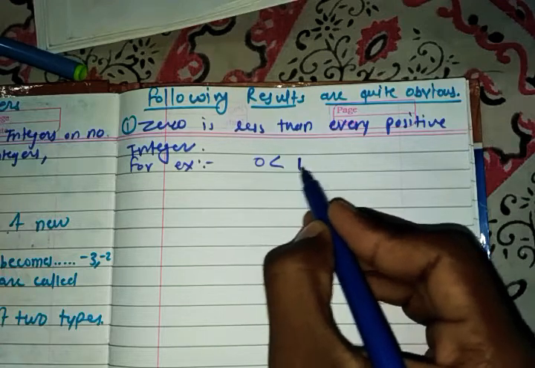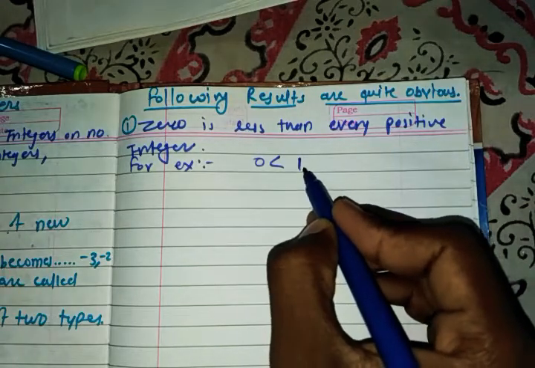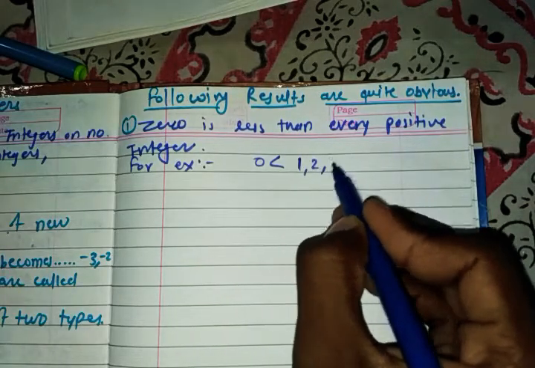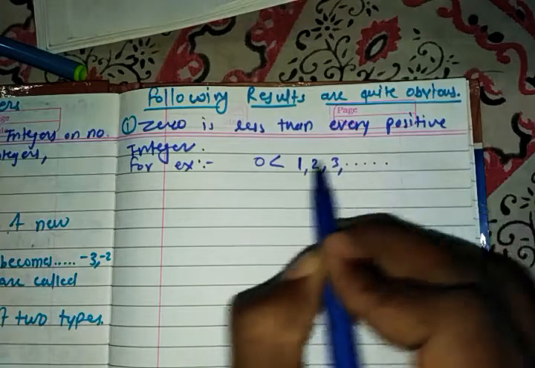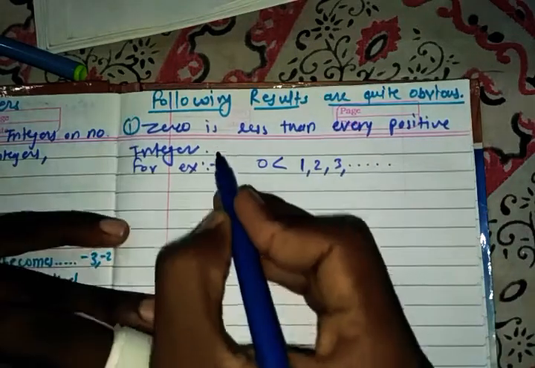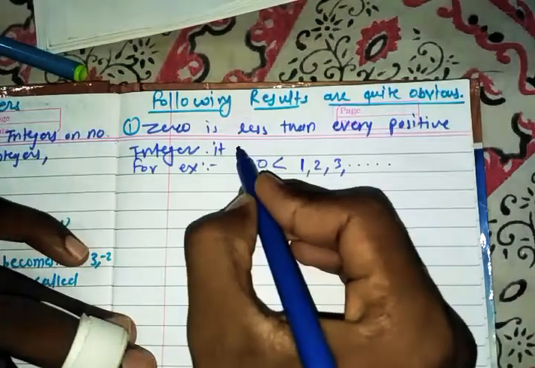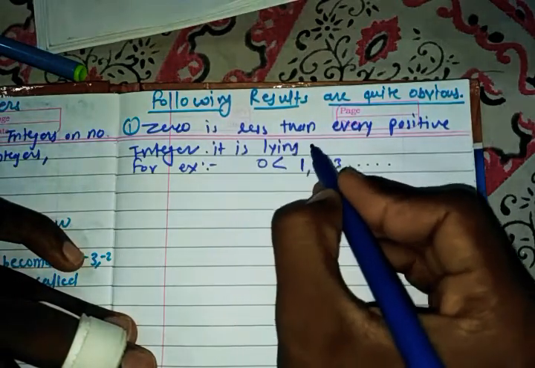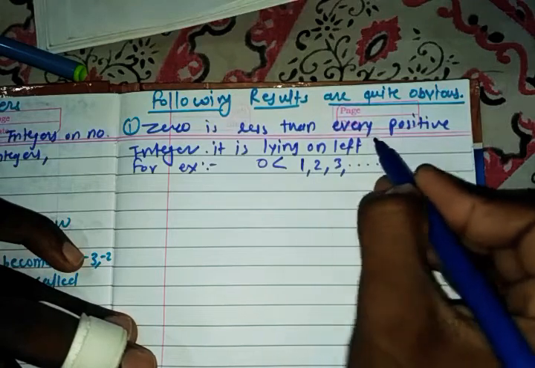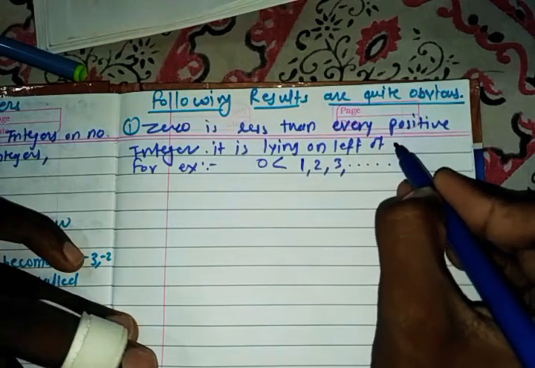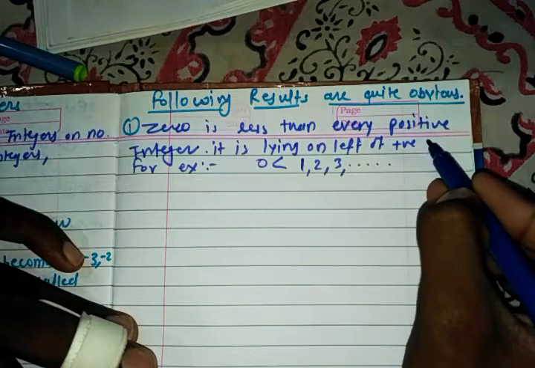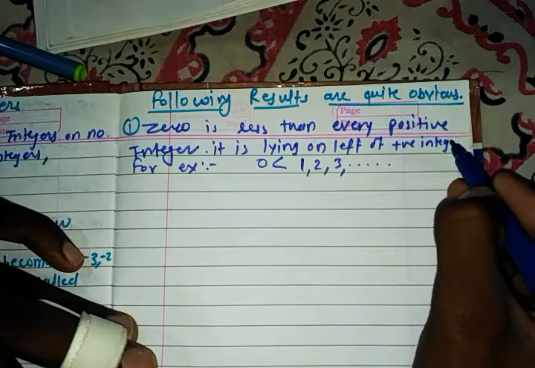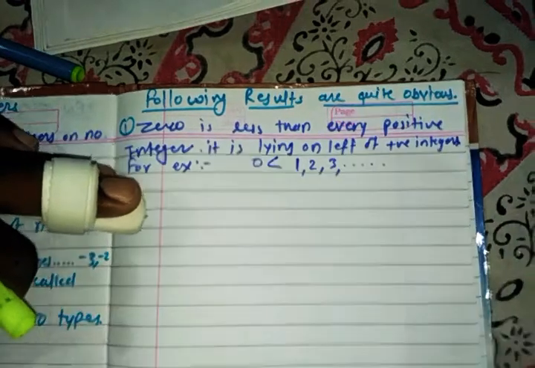Suppose I am taking 1, it is less than 1, right? 2, 3, and so on, because it is lying on the left of positive integers.